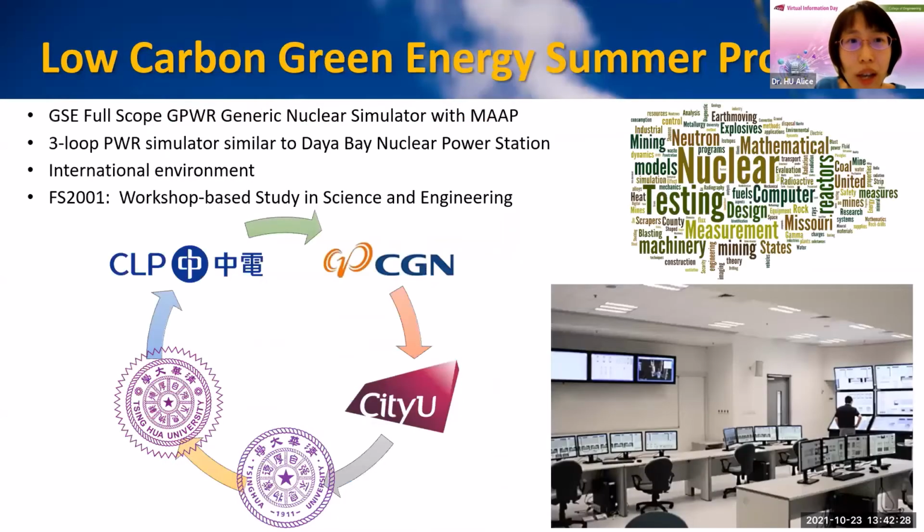We also have a summer school program together with National Tsing Hua University in Taiwan and Tsinghua University in Beijing. CGN is the largest nuclear power company in China, the China General Nuclear Power Group, and together with CLP, the Hong Kong electricity company, they jointly operate the nuclear power plants in Daya Bay.